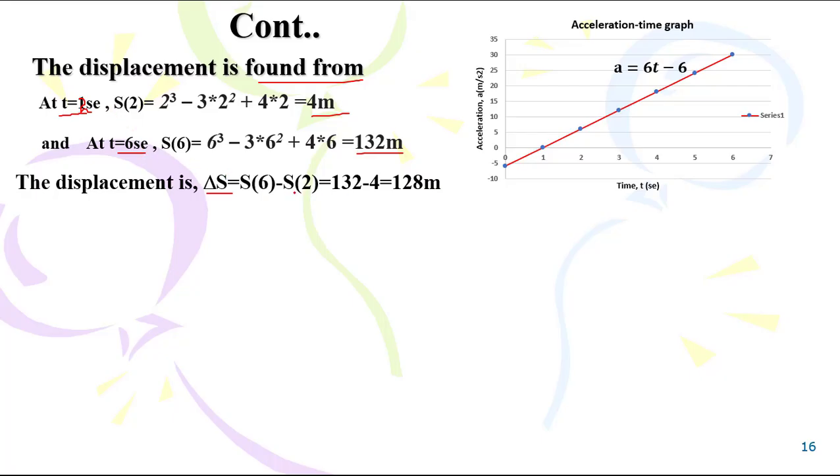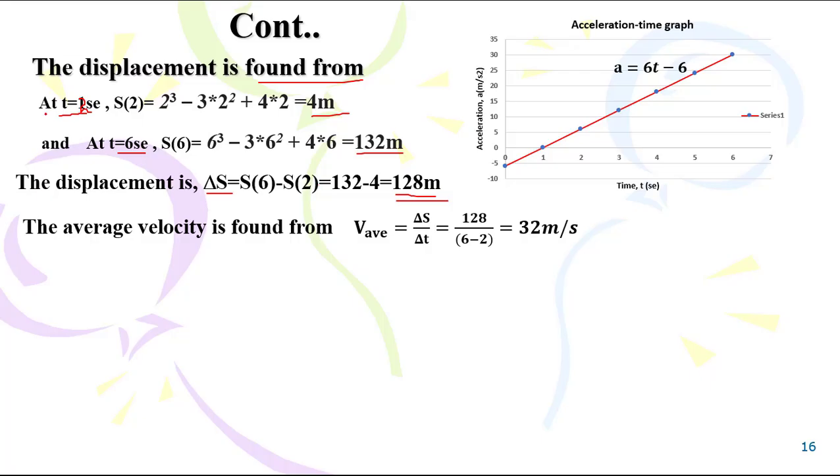So s of 6 minus s of 2 is the displacement of the particle. Then the average velocity is found from the change in displacement divided by the change in time. The change in displacement is already 128. If you divide by 6 minus 2, you get 32 meter per second. So this is the average velocity.